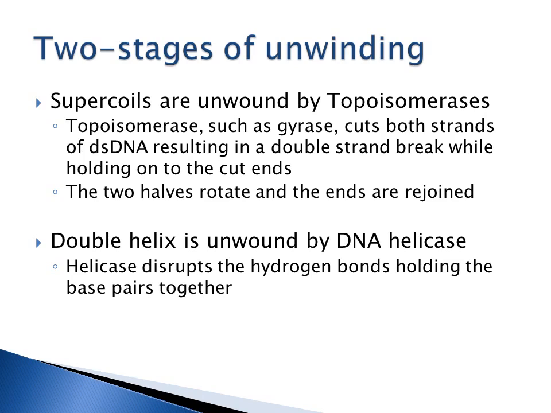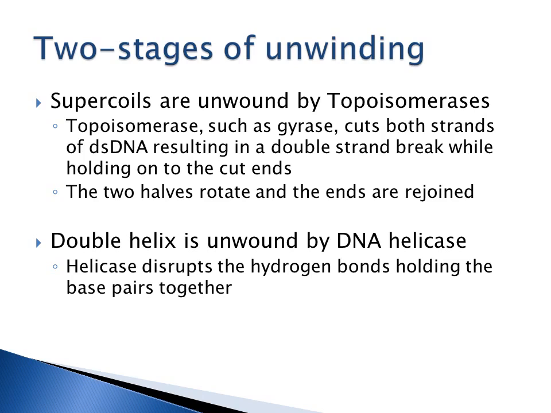Now, gyrase is also going to hold on to those cut ends so that they don't go and connect with other things or rejoin. Those two halves have to unwind, and then the ends are rejoined together. So gyrase has a very important function in replication.